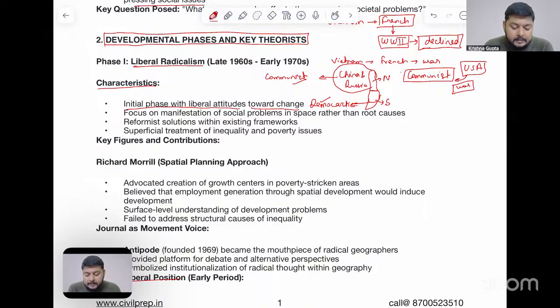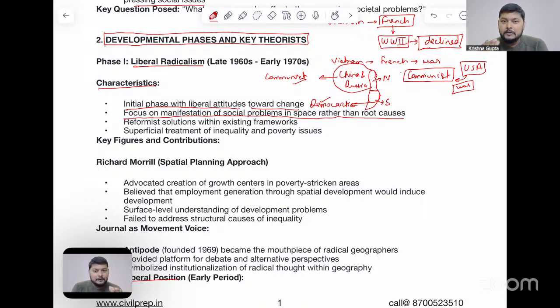What happened next? Focus on manifestation of social problems in space rather than the root cause. So if I am not able to have employment, if I am not able to earn money, is it me that I lack skills? Is it me that I have not studied properly during my schools and colleges? Is it me that I am not contributing anything to the society?